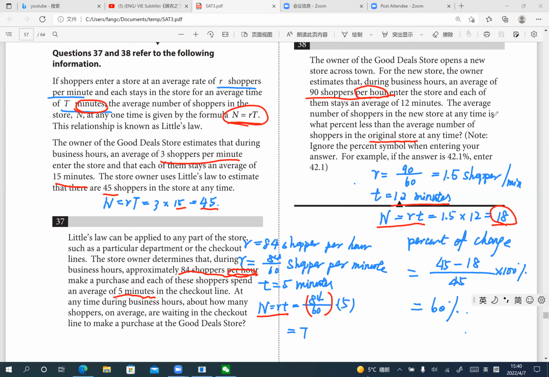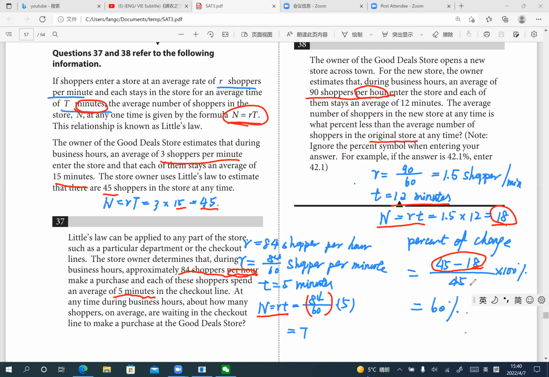Continue. This question 38 requires us to find the percent of change. So the change is 45 minus 18. 45 is the original store and 18 is the new store.